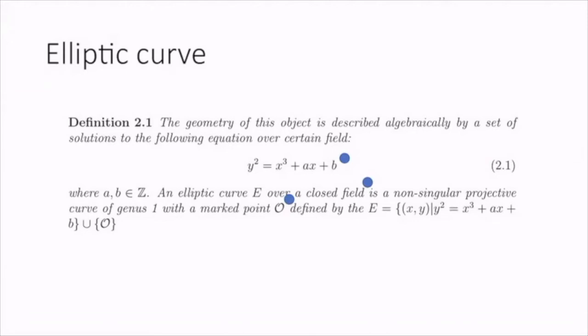An elliptic curve E over a closed field, meaning that x and y are selected from this closed field, is a non-singular projective curve of genus 1 with a marked point, a point at infinity, defined by the set union: E is equal to all the solutions for that equation and also the point at infinity. You might see a lot of concepts that you're unfamiliar with, so we're going to briefly introduce these concepts so we could get some knowledge of what it is.